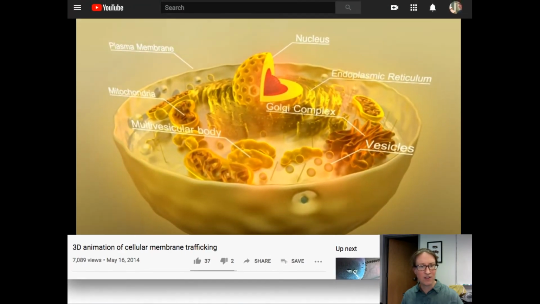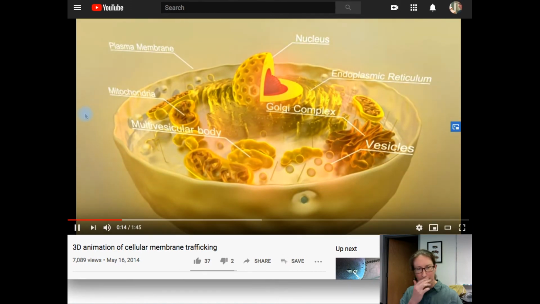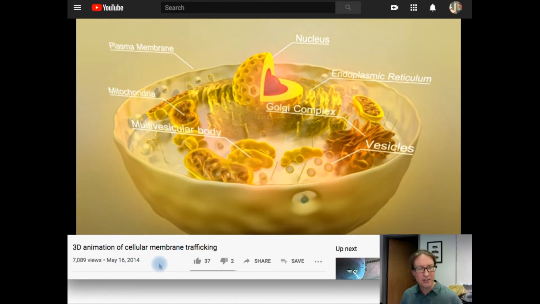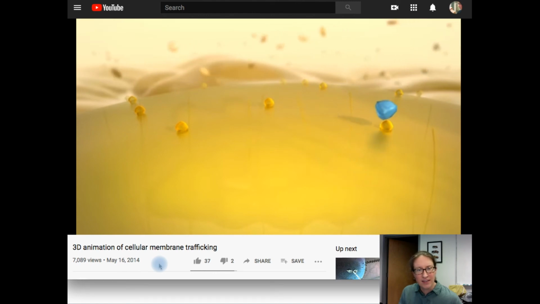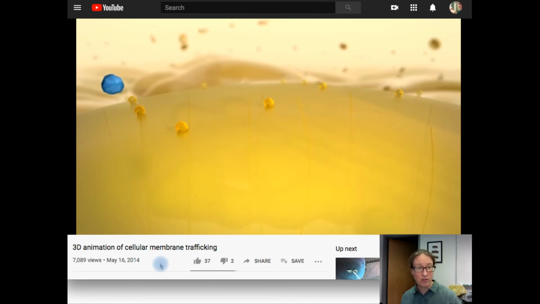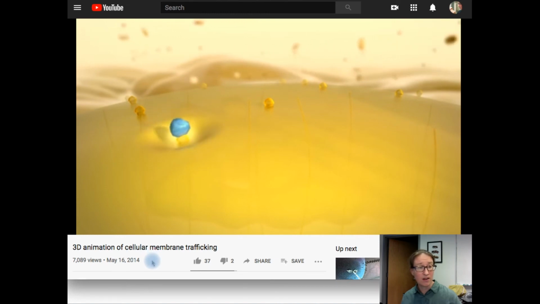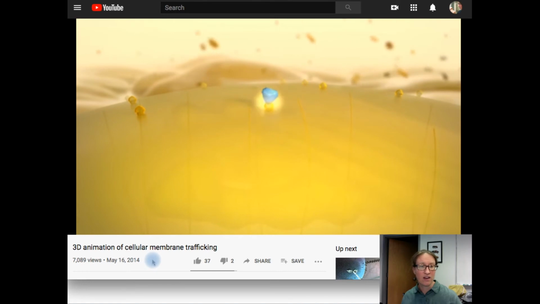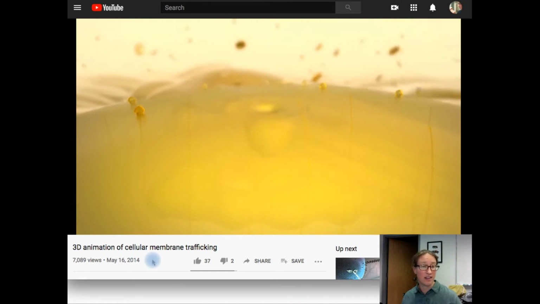Okay, so here we have a cell, identifying some structures in it. Here's a protein binding to another protein on the surface of the cell, and what you just saw there was part of the cell membrane pinching off onto the inside of the cell.